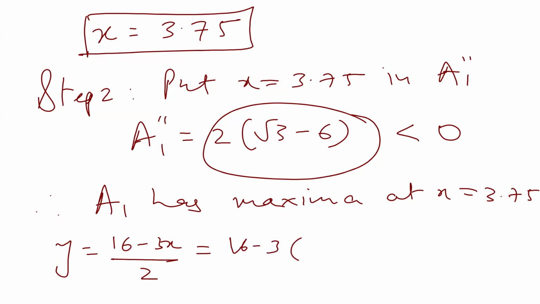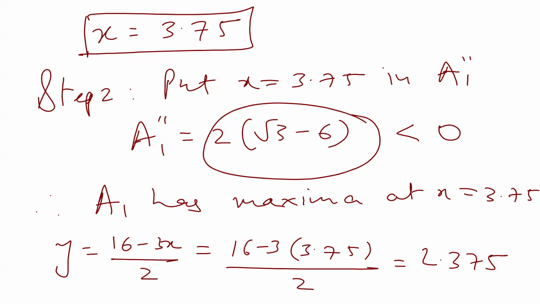So 3 into 3.75 upon 2. Can someone calculate this and tell me what is the answer? 16 minus 3 into 3.75 upon 2. So 4.625 upon 2 is 2.375. But it's asking for the width, so why do you have to calculate y?